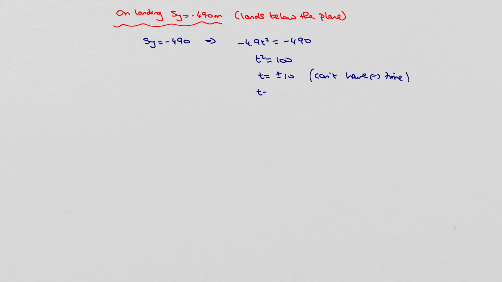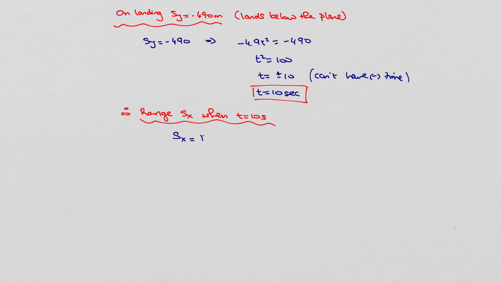So therefore, our range is S of x at that time, and therefore we'll say our range S of x is equal to 12t, which gives the distance in metres from the base of the cliff. So in other words, the projectile lands that distance from the base of the cliff.